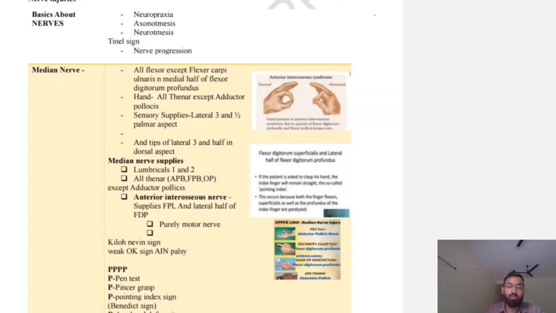Okay, but there are some exceptions. You have to understand some logic so you can remember all the nerve supply of the flexors, all the nerve supply of muscle. Okay, so the median nerve is going laterally in the forearm, and the ulnar nerve is going medially. How will you remember that the ulnar nerve is going medially?